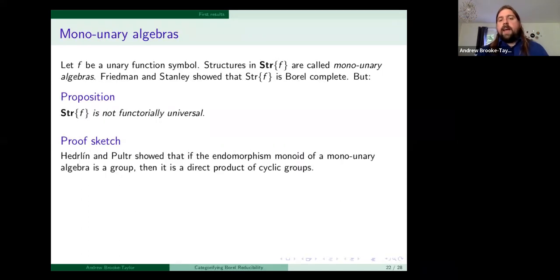And how do you show that? A lot of these non-universality arguments just come from making the right observations about the automorphism groups or the endomorphism monoid.